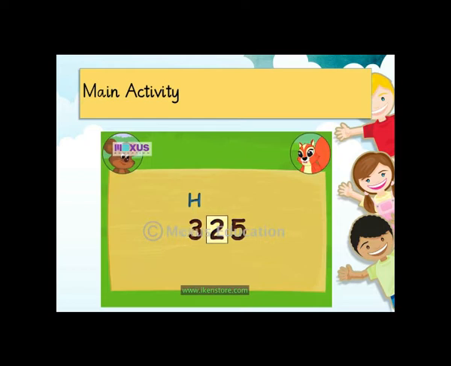Digit 2 is in the tens place and the digit 5 is in the ones place. That's right. Let us see how to read this number. The number in the hundredths place is 3. The last two numbers together are read as 25. So, the number is 325. It is written as this.